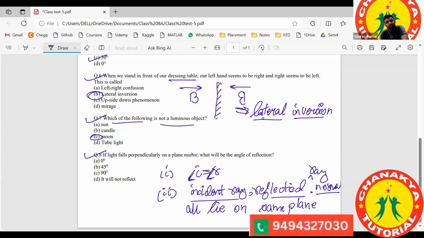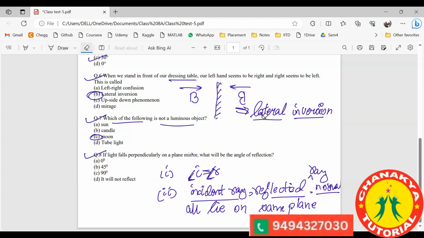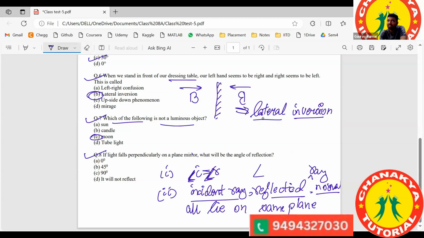Sir, the teacher did not teach us this topic yet. Okay, fine. But in my school they use the angle symbol, like this. Yes, sir. Okay, great.